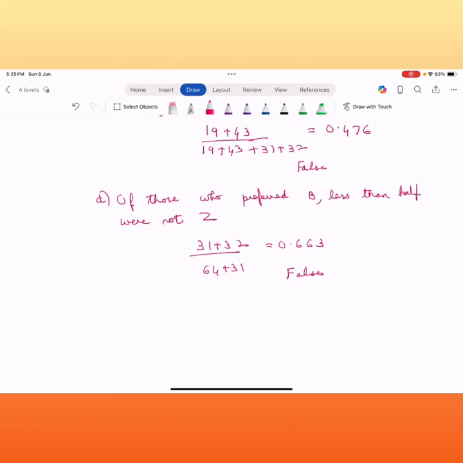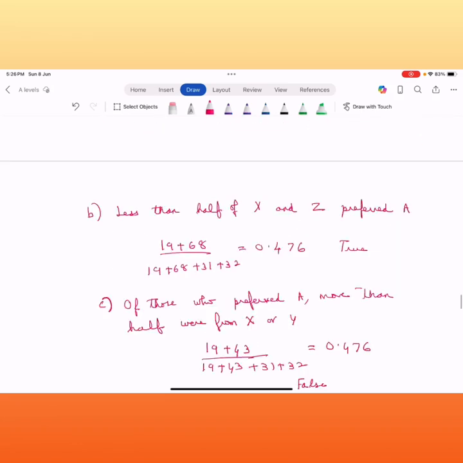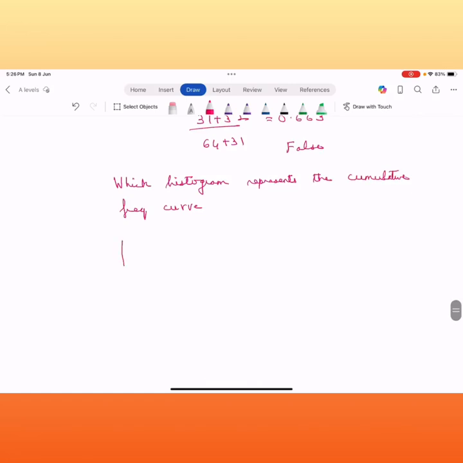Now, given a question of which histogram represents the cumulative frequency curve: we can say that this is a histogram, and the cumulative frequency curve corresponding to this would be like this.